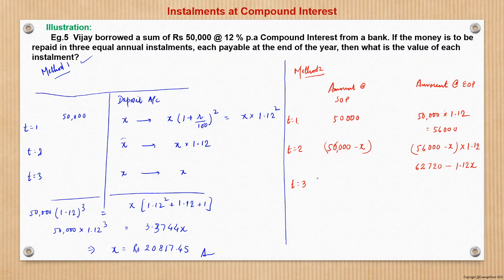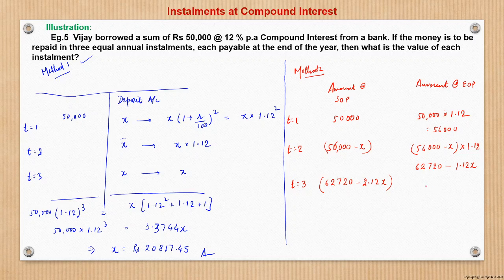So here it is 62,720 minus, this would have been the amount at the beginning of the period. However, there is an additional payment of x rupees at the end of the second period. So that becomes minus 2.12x.